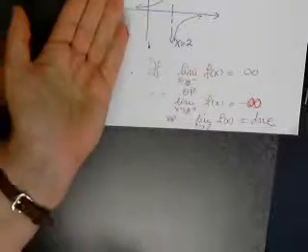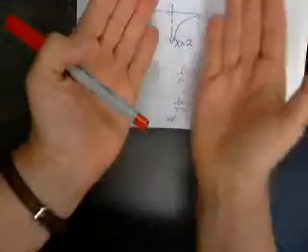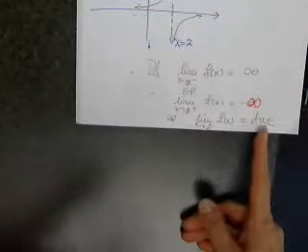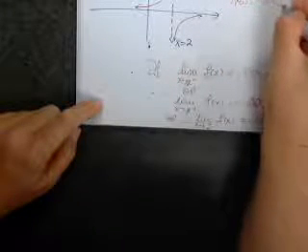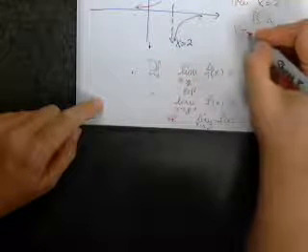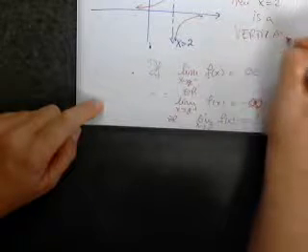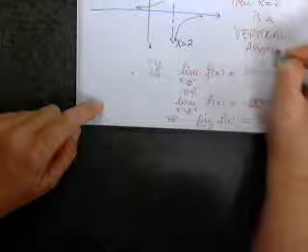So, in short, if the limit from the left or the limit from the right, or both, are infinities or DNE, then x equals 2 is a vertical asymptote.